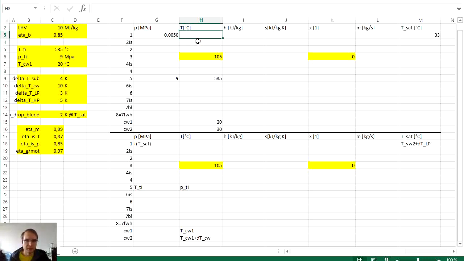Now the temperature at point 1 is saturation temperature minus the subcooling. So here it's the T sat minus delta T subcooling.